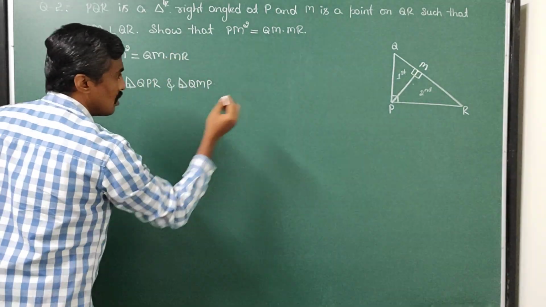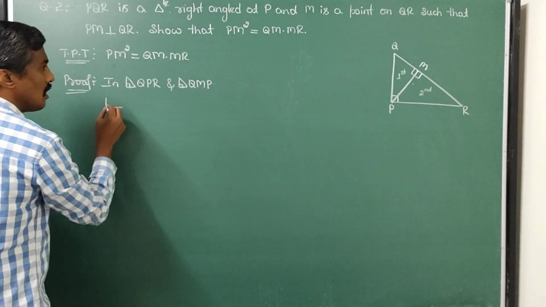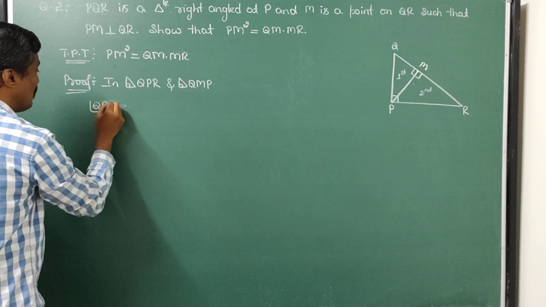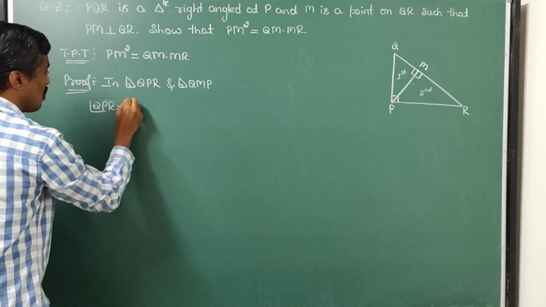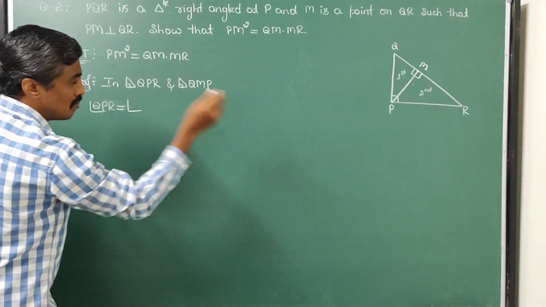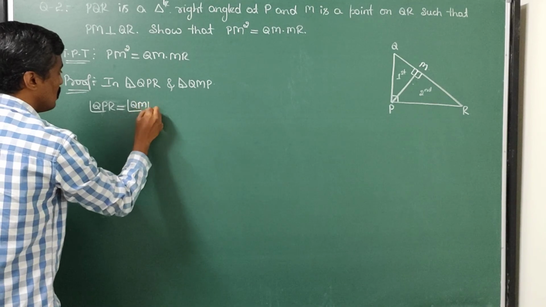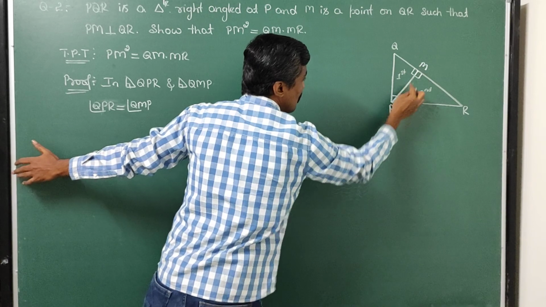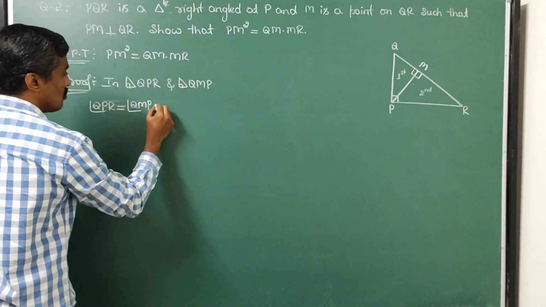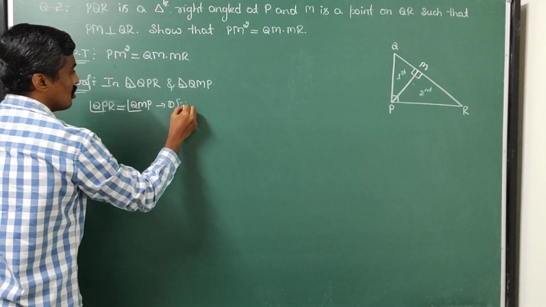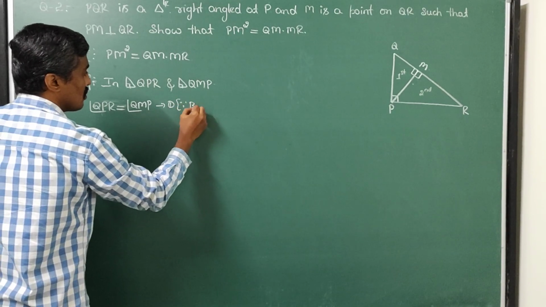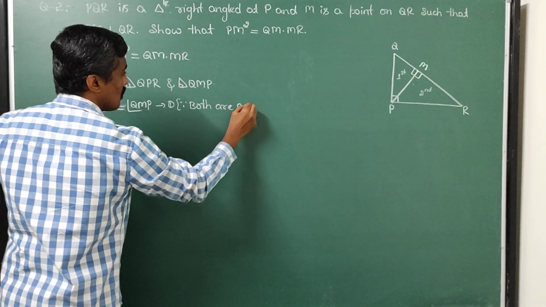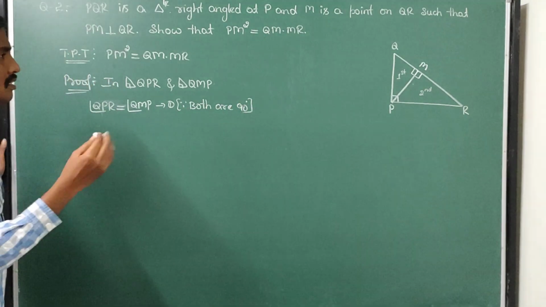In the bigger triangle, angle QPR is equal to angle QMP, correct? Angle P and angle M are equal. Number one, because both are right angles, both are 90 degrees.